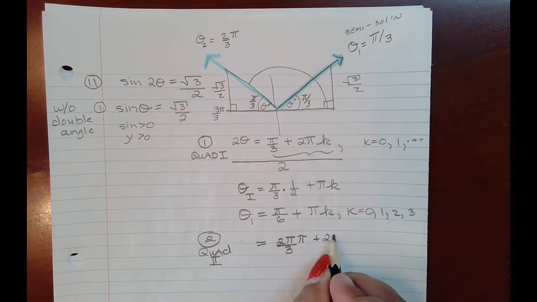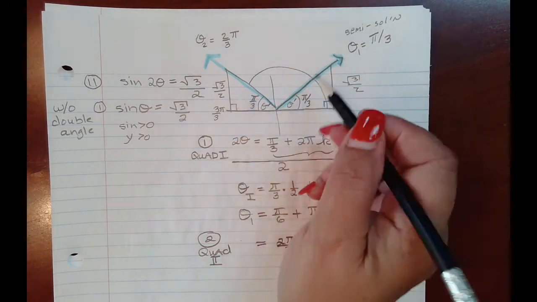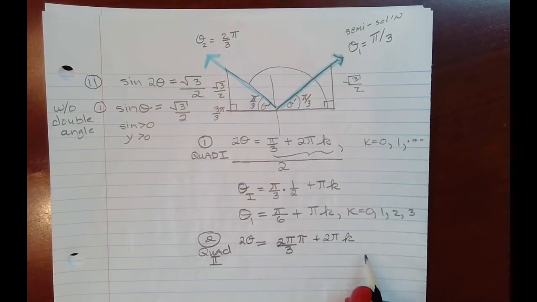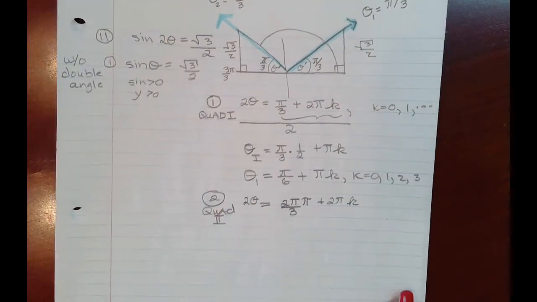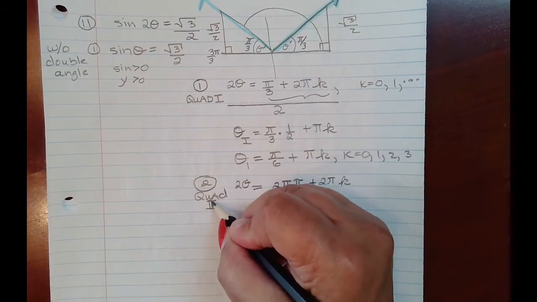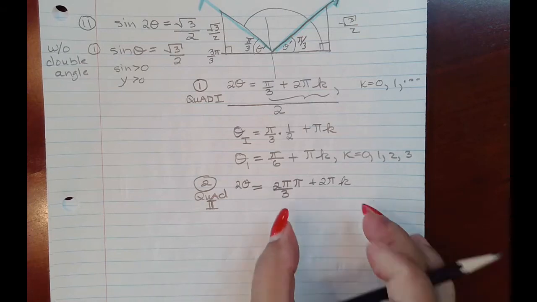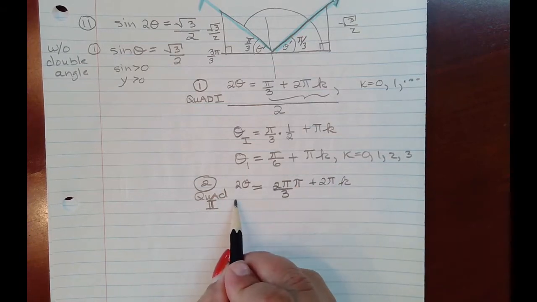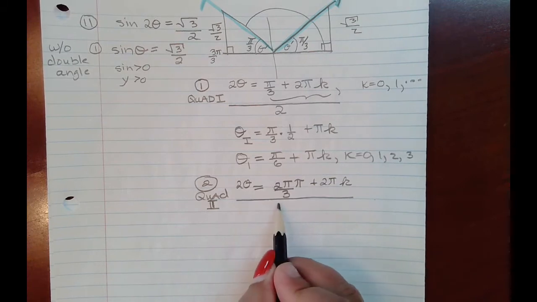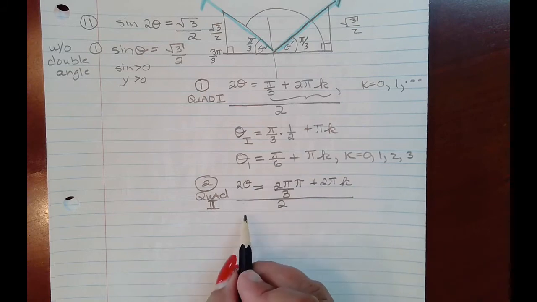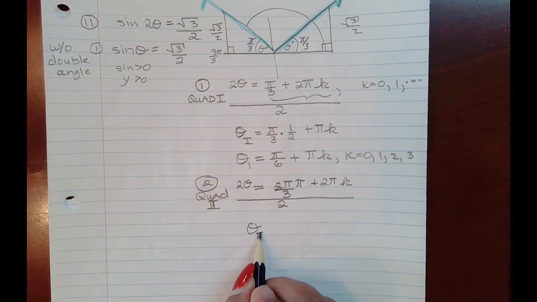So if you rotate 2 pi times however many times you're going to rotate, you can just keep landing right back there. But we want 2 theta to be equal to this situation. So solutions in quadrant 2, because you're supposed to report your solutions as just theta, not 2 theta. You want this to be equal to 2 theta, but then you're going to divide this entire thing by 2. You're going to divide that term by 2, that term by 2, this term by 2. So 2 theta divided by 2, theta. These are solutions in quad 2.